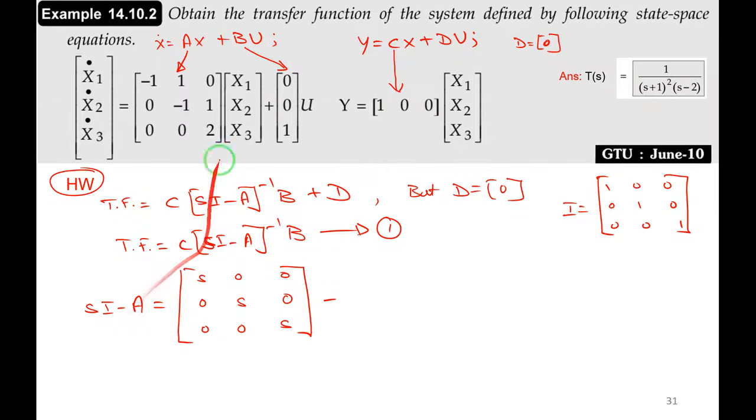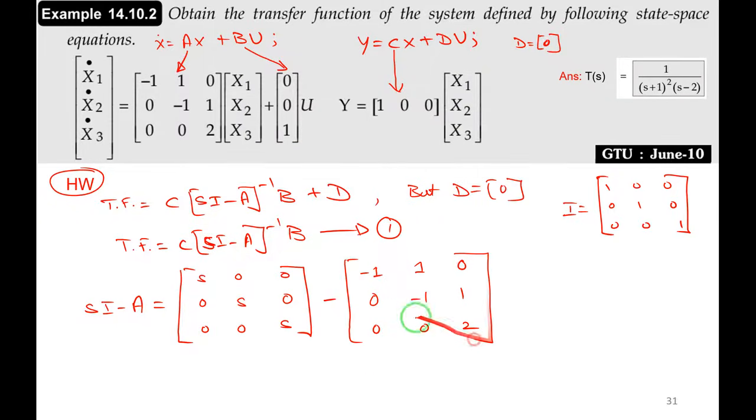Minus the matrix A. Matrix A is this: minus 1, 1, 0; 0, minus 1, 1; 0, 0, 2. Right, minus 1 1 0, 0 minus 1 1, 0 0 2 is correct. Okay, we will subtract it. So s minus of minus 1, that is s plus 1, is the first element.